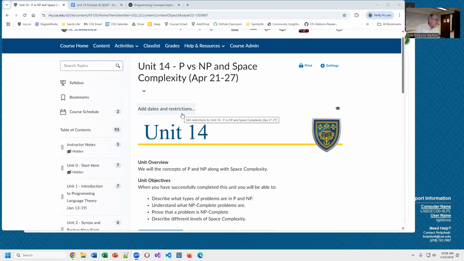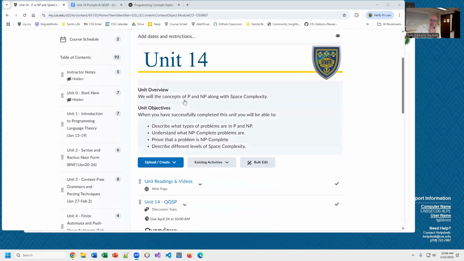We're also going to need to talk a little bit about space complexity and what that is. A lot of computational theory is tied into these ideas, P versus NP and NP complete, and what that means.